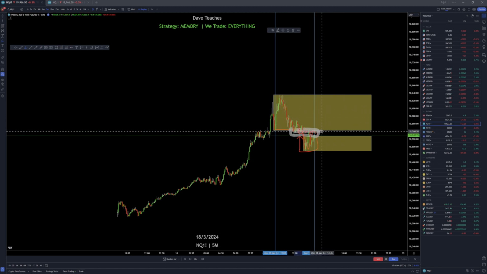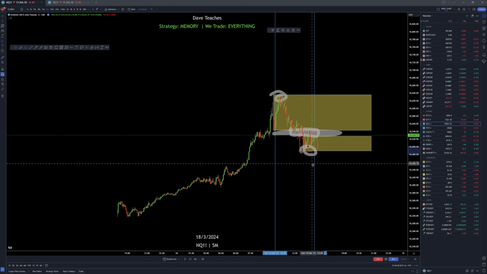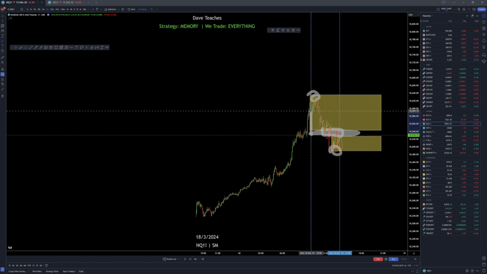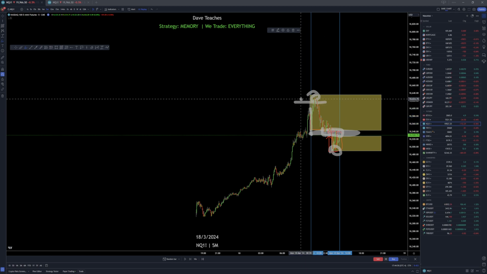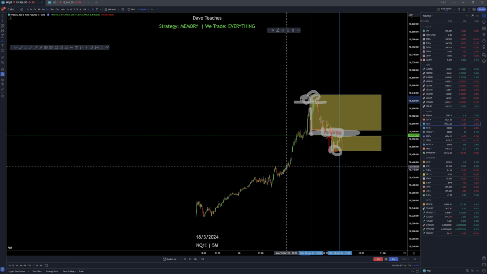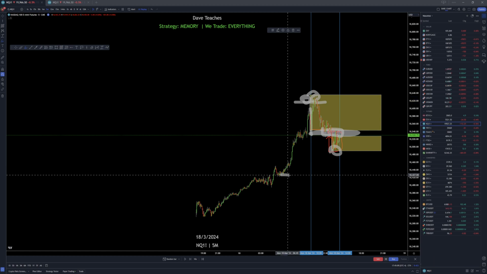The body is here, right? So if the body is here and there's a wick up here and there's a wick down here, and we know that over here there's that wick right here from the previous 4 hour candle, and we know that the low from that same candle is here.